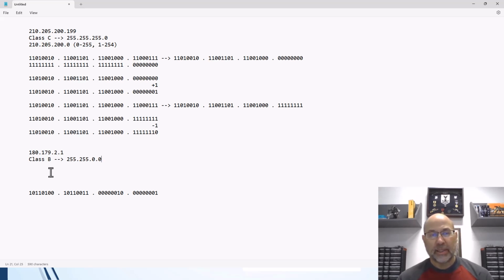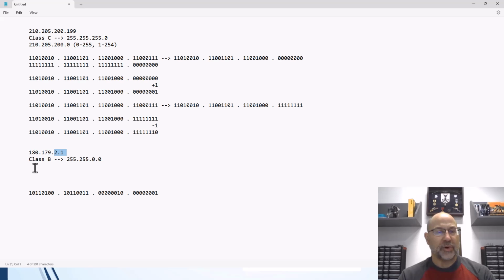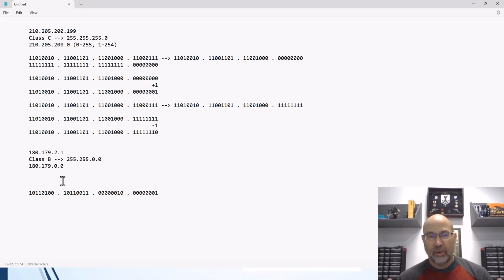Now I could automatically say, because it's classful, I'll just put zeros where the host portion is, and I know the host portion is these 2 octets right here. So I could say, oh, well, that's simply 180.179.0.0. And I could totally get away with that.